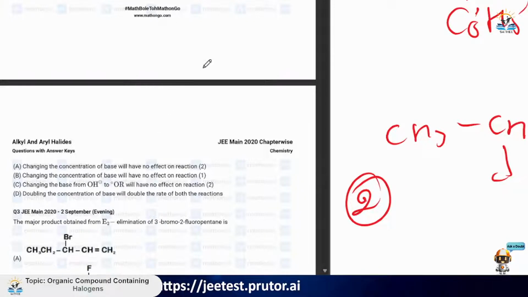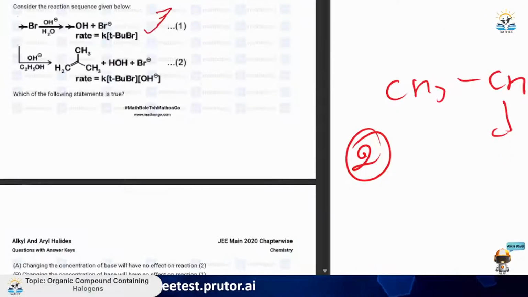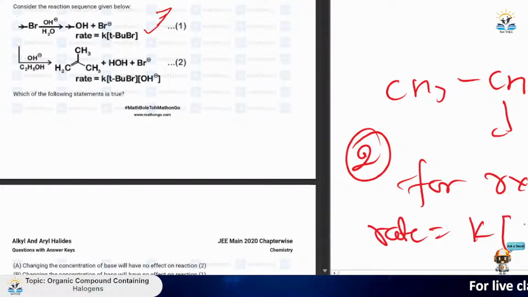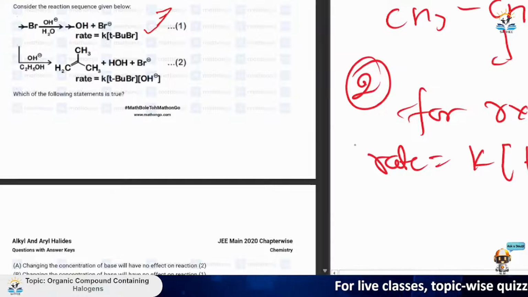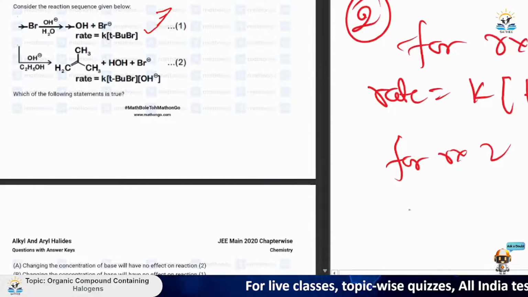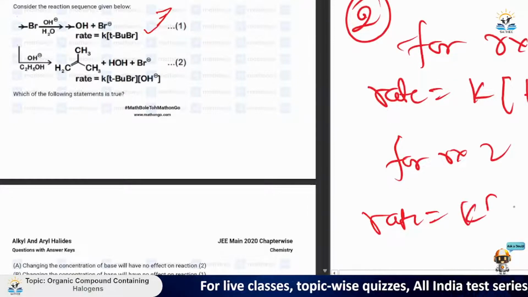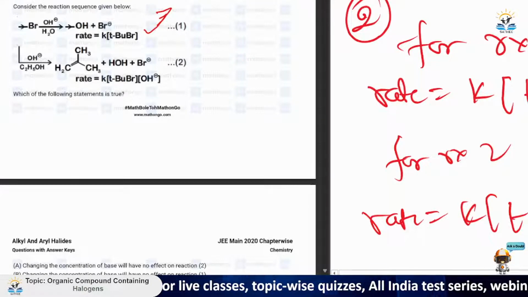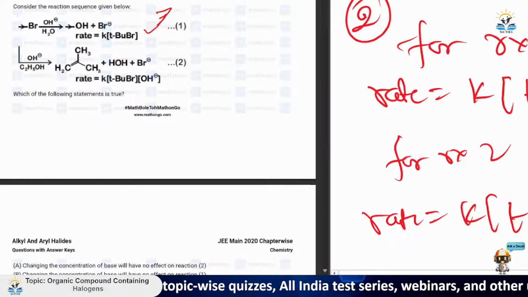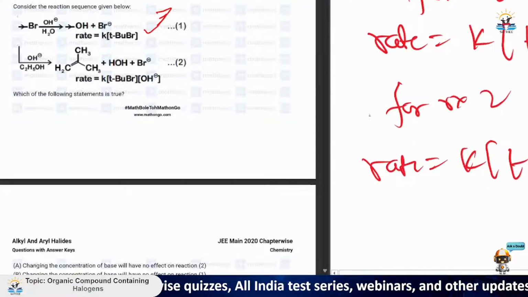So see, let's look at both the reactions one by one. For reaction number 1, the rate is given as k times t-Bu Br. Okay, this is t-Bu Br only, some product. Now for reaction 2, we have a rate equal to k times t-Bu Br and OH negative. So see, reaction 1 is independent of OH minus concentration.